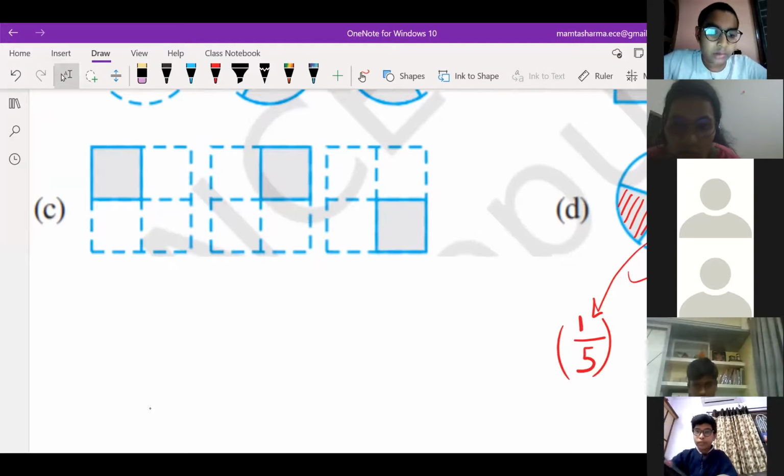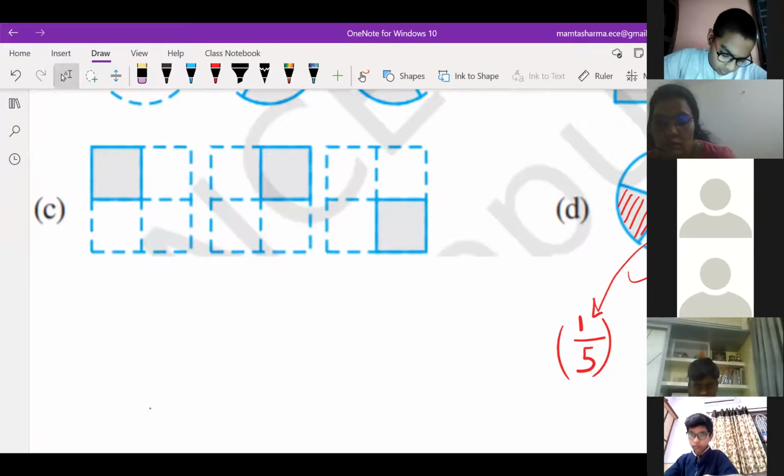So now tell me for this picture. Pranav, are you busy in some other work? No, ma'am. Give the answer for this. Convert this picture into a mixed fraction.